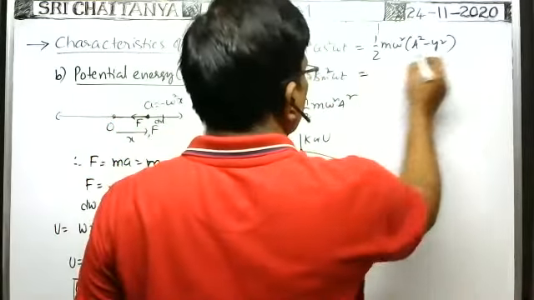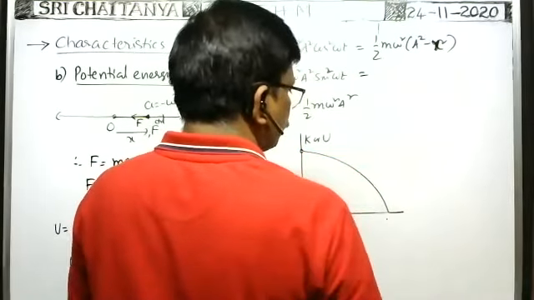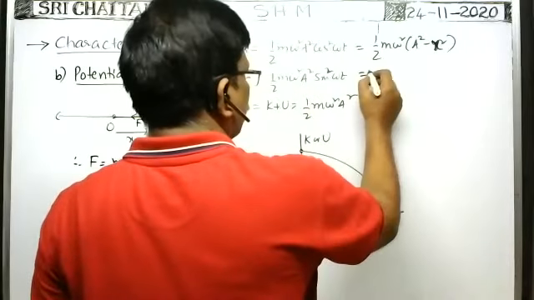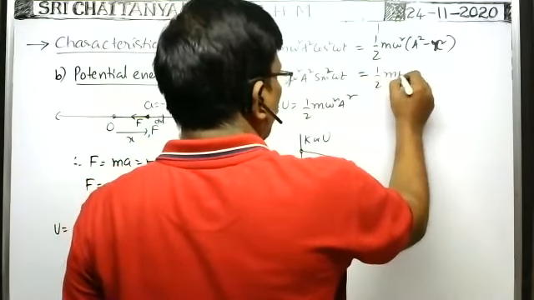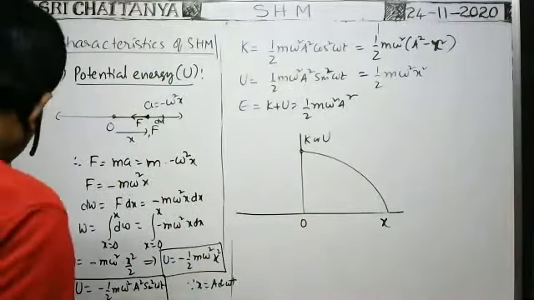Similarly, potential energy is half m omega square into x square only.